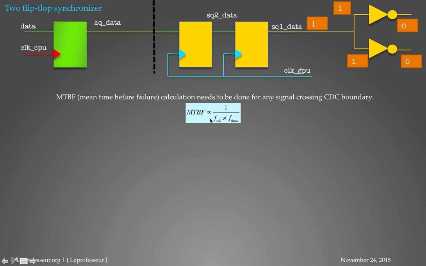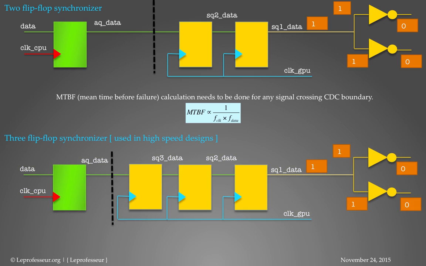So most of the time it is observed that if your data is changing too fast, you have increased probability of failure, or in a very high speed design, your frequency is too high. So in those cases, a typical technique is that you use one more synchronizing flip-flop. Now, synchronizing flip-flops can be one more or two more depending upon different factors.